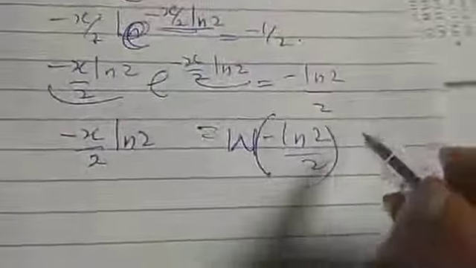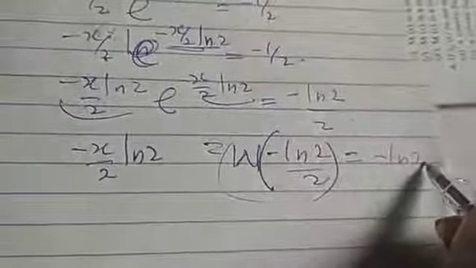But by the identity, we know that the whole of this is minus ln 2. So minus ln 2 cancels each other. So x over 2 is 1, therefore x is 2. So in that case, for this question, we say that x is 2 or x is 4 is our answer.